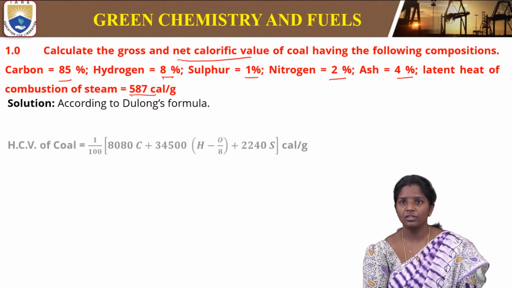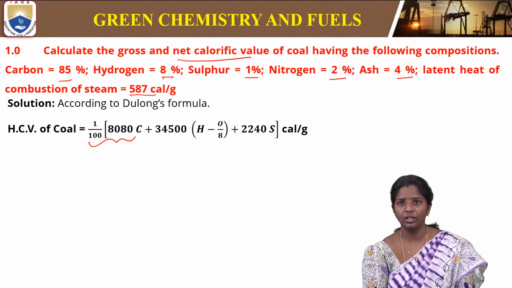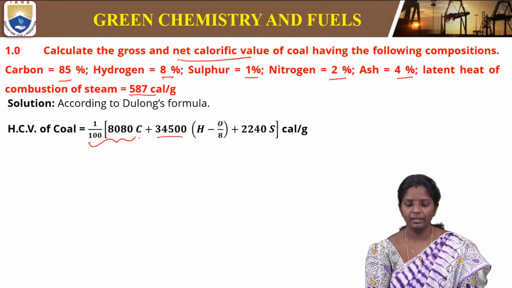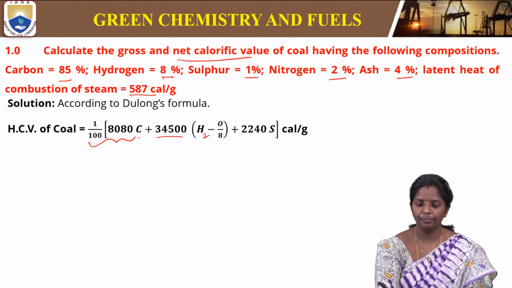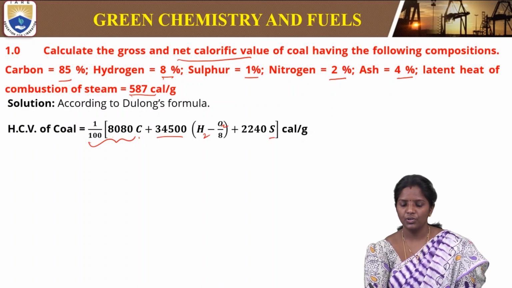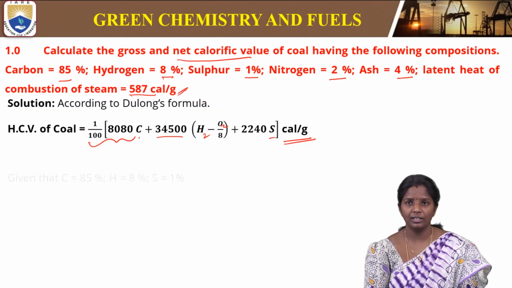According to Dulong's formula, we can rewrite it as 1 by 100 into 8,080 carbon plus 34,500 hydrogen minus oxygen by 8, plus 2240 sulfur. Since they have given it in calories per gram, we will also report in calories per gram.